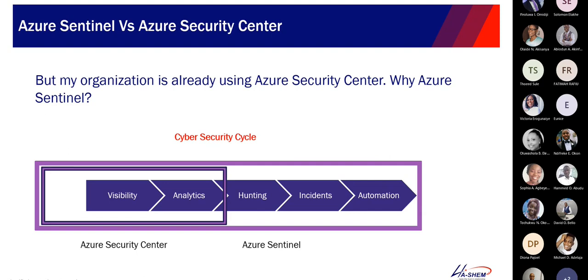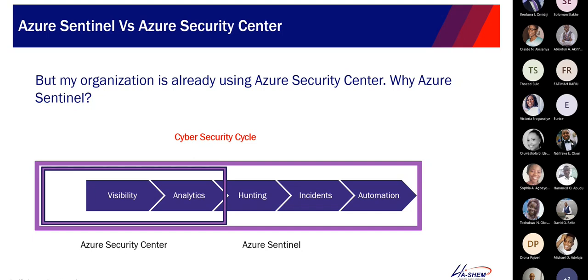If we look at the cybersecurity cycle phases, we have the first phase called visibility, which gives you visibility into issues as they occur. Then the next is analytics, which helps you to analyze the issue. Hunting is for new issues, maybe issues that have not been visible to you. You can quickly run queries to make them visible to you.